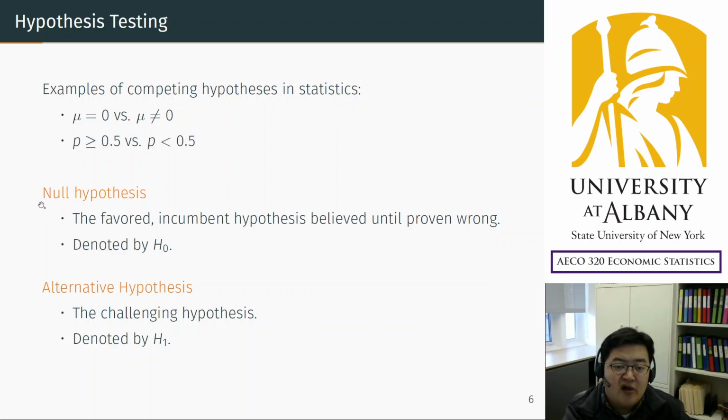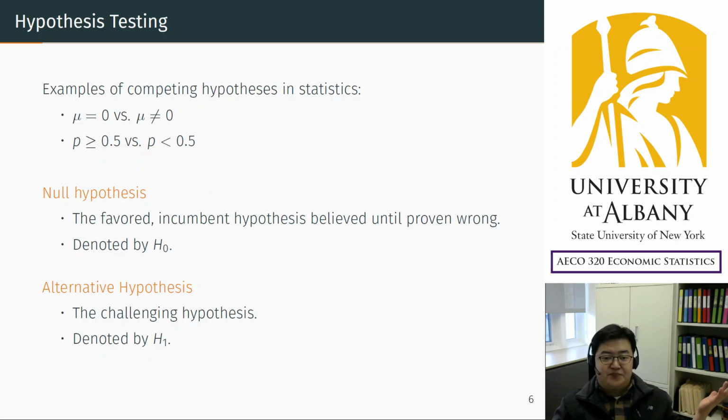The null hypothesis is the hypothesis that you have before looking at the data. So it's your prior belief about the parameter, and it is the favored one, the incumbent hypothesis. You just believe it, like you just believe that the sun is rotating around you.